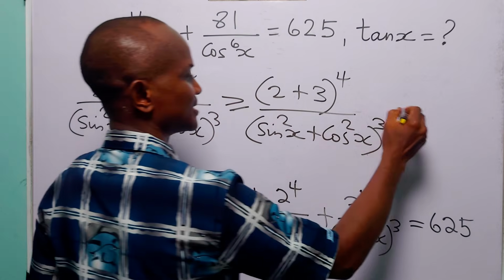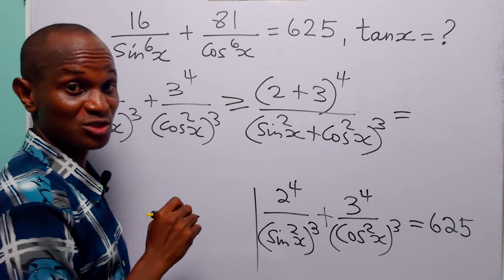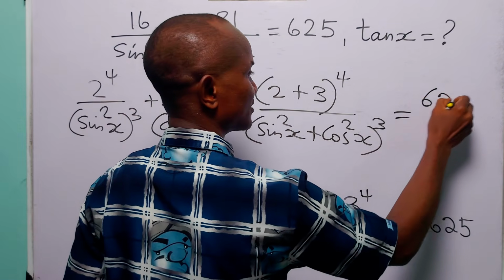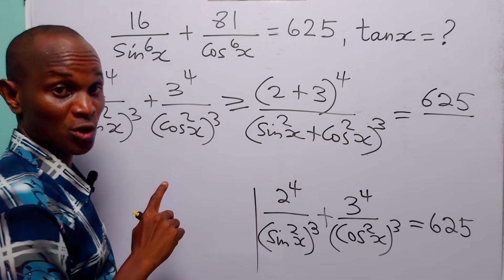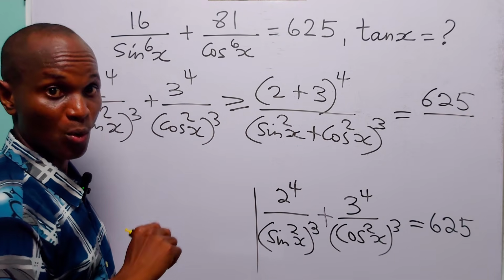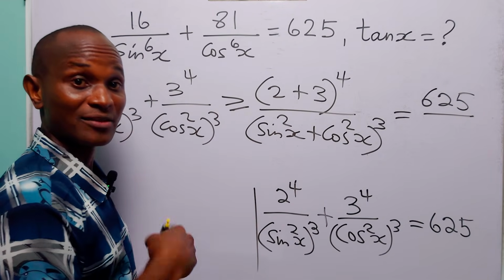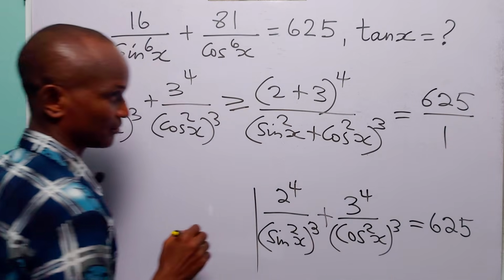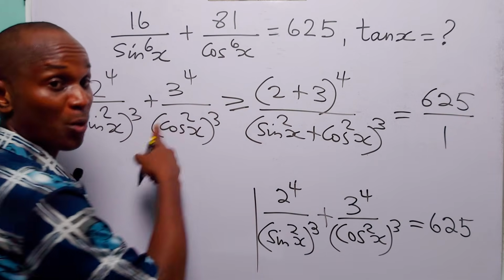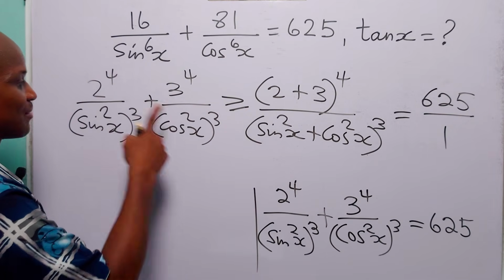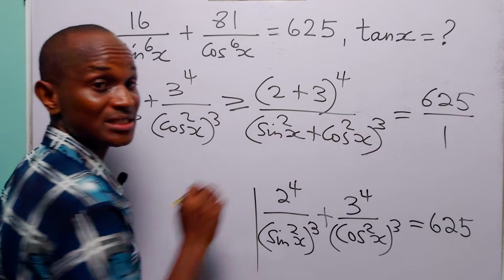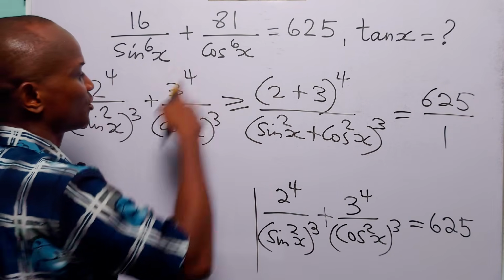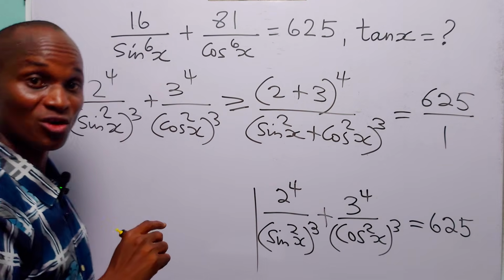Now, 2 plus 3 is equal to 5. 5 raised to power 4 is 625. Sin squared x plus cos squared x is equal to 1. 1 raised to power 3 is equal to 1. So, from this inequality, we have that this plus that must be greater than or equal to 625. Now, from the equation, we have that this is equal to 625.